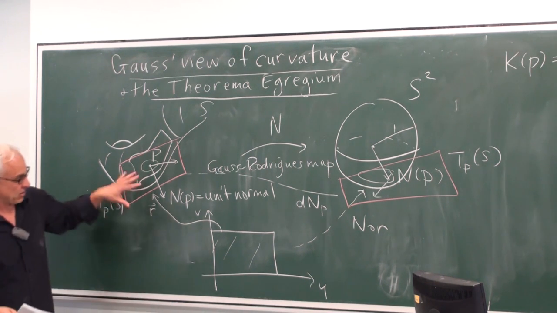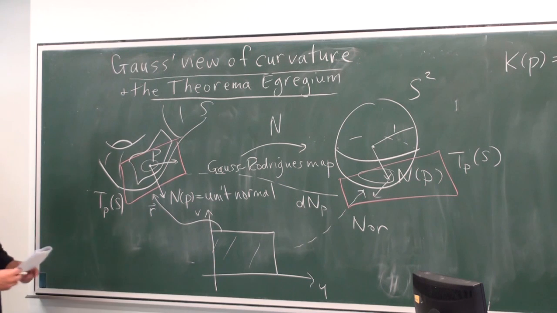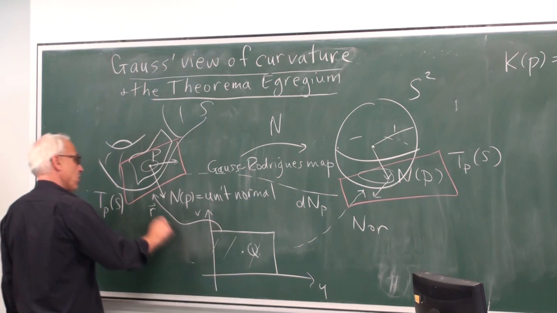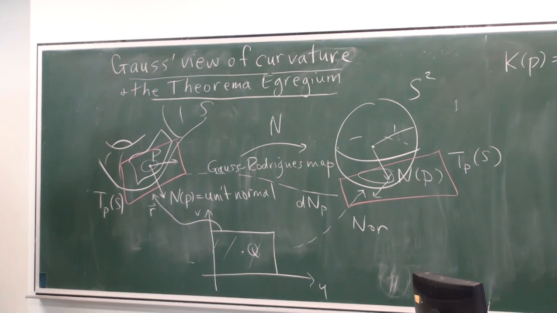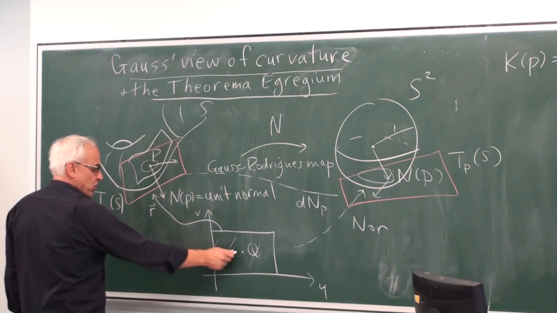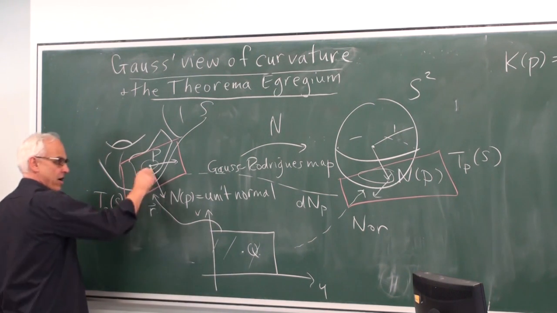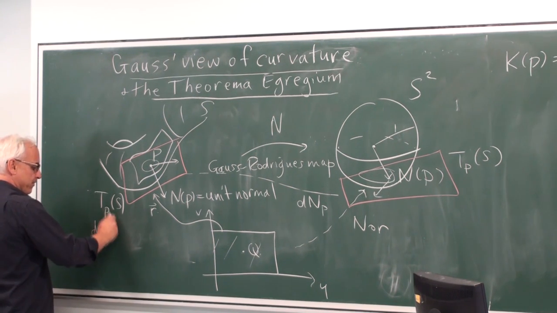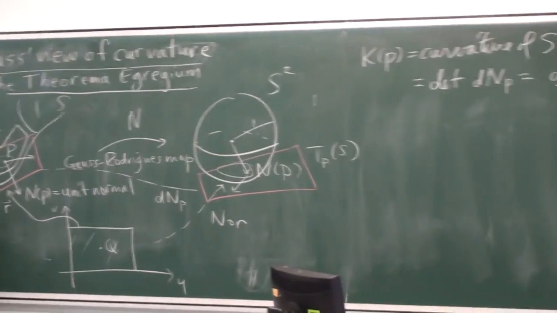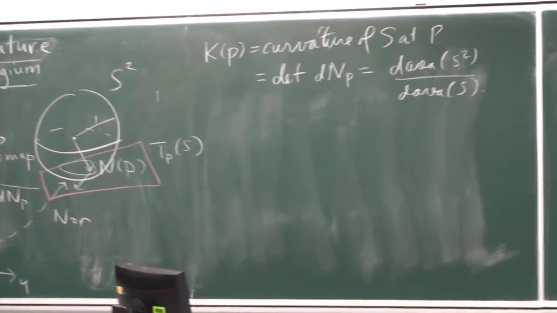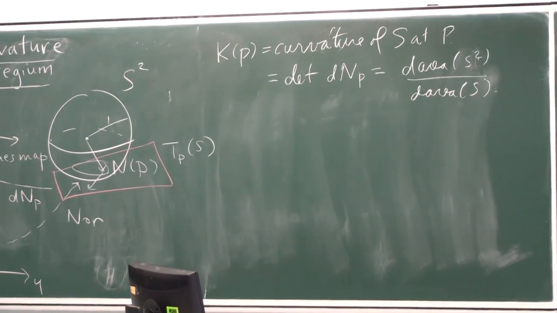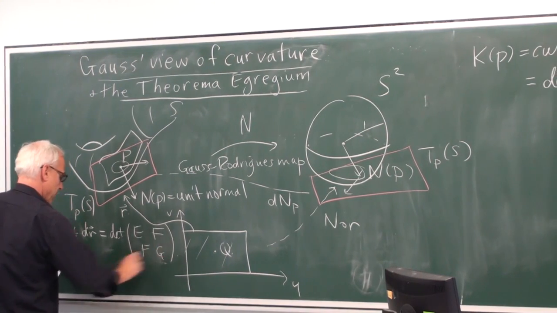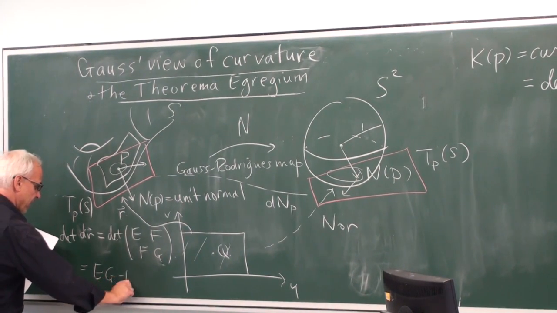Now, because Gauss thinks of everything in terms of these charts, you could also naturally ask, suppose that everything comes from some point, say, Q over here. So suppose Q gets mapped to P. Then it's reasonable to ask, what's the determinant of the map R at Q? So the determinant of dr is going to be the determinant of a certain 2x2 matrix that we talked about, E, F, F, G, which is EG minus F squared.